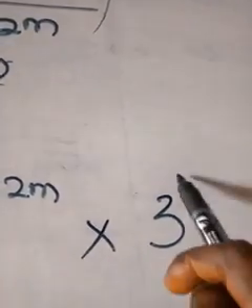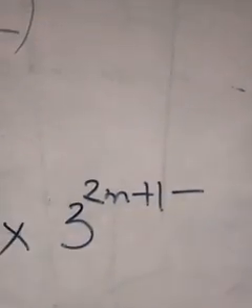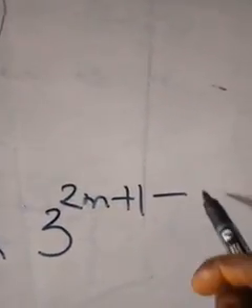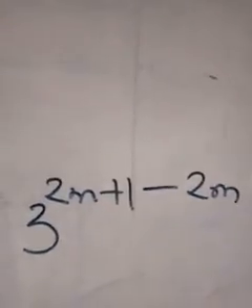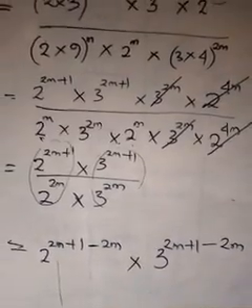That will be 3 raised to power 2m plus 1 minus 2m. This is what we are going to have, minus 2m.